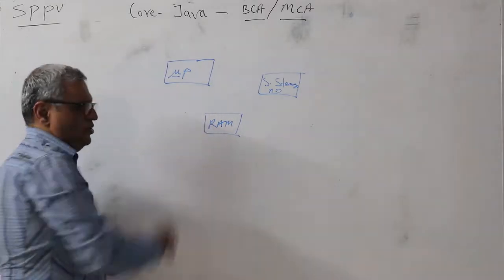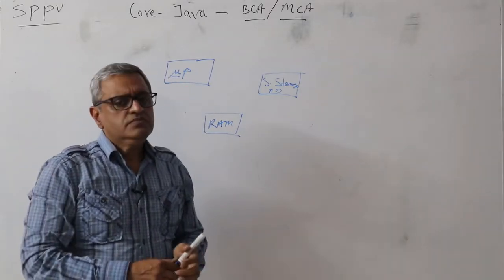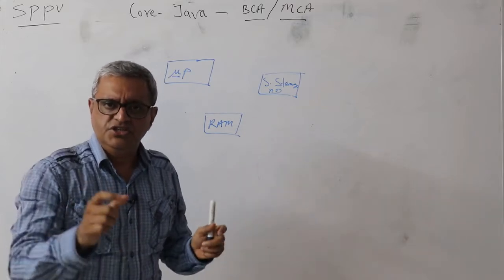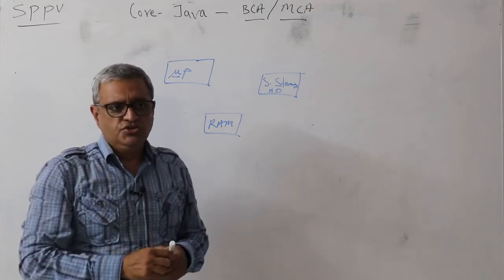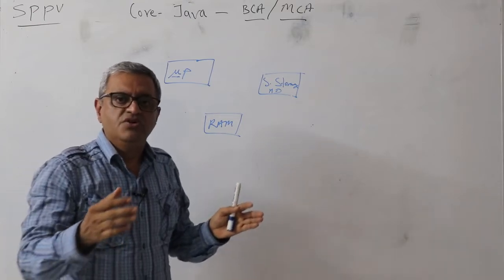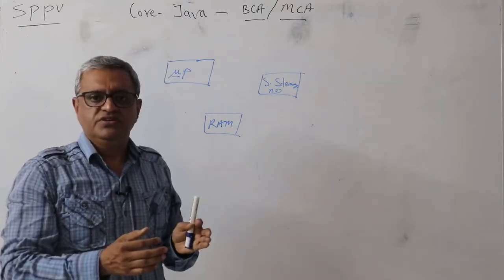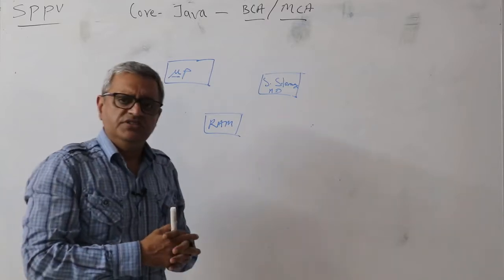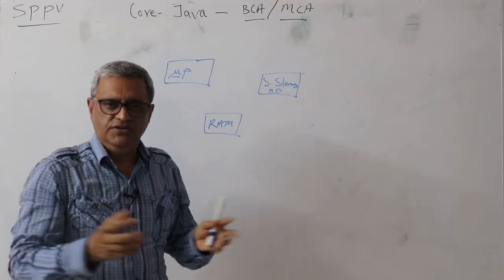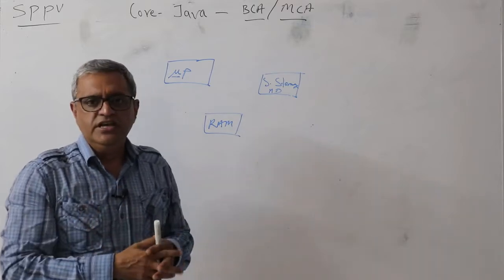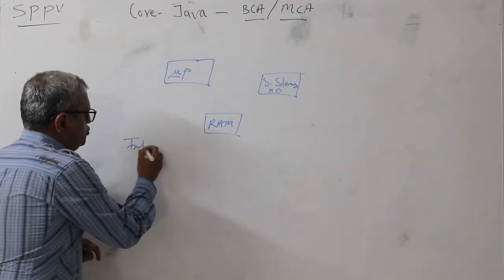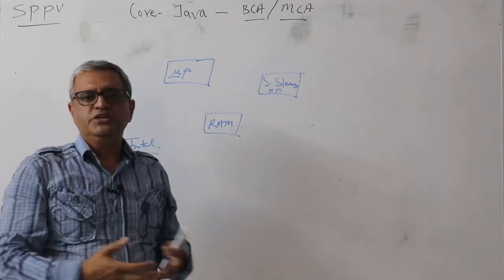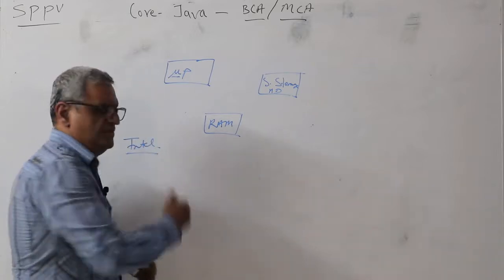So let's see what a microprocessor is. We saw a microprocessor is basically an integrated circuit. It's a chip which is fitted onto a motherboard. Every computer which has a microprocessor as its brain is typically called a microcomputer. Microprocessors are manufactured by different companies. One of the leading companies is Intel, and you would find many different versions of microprocessors manufactured by Intel.